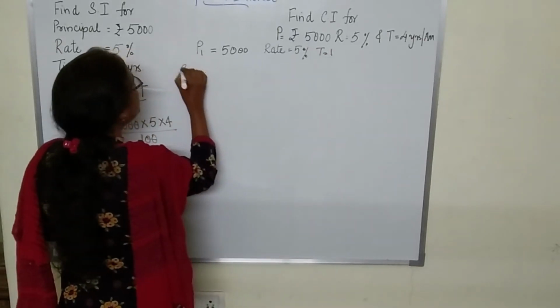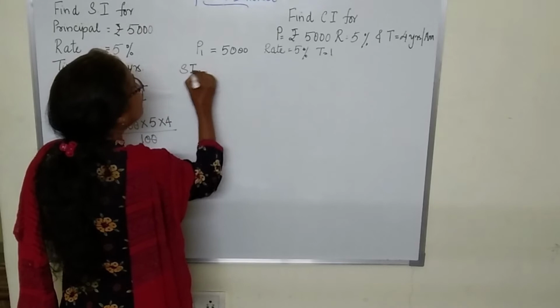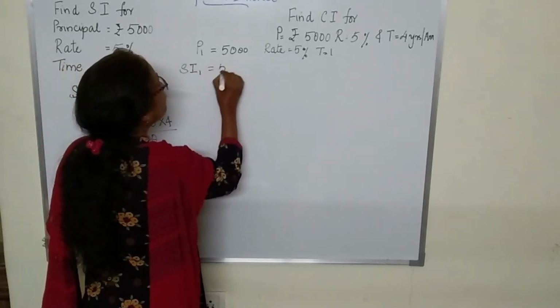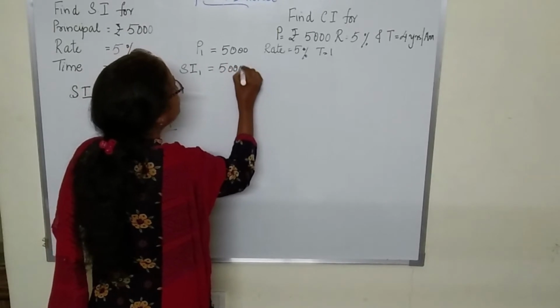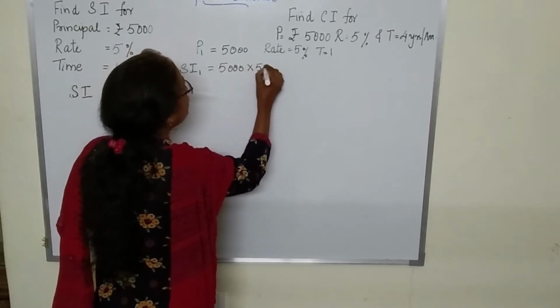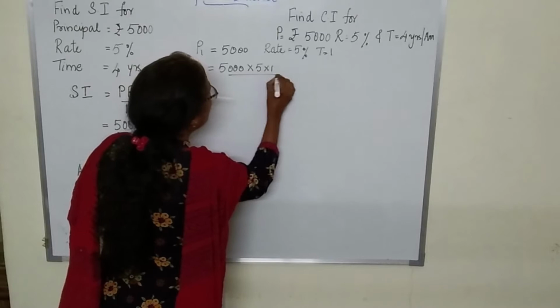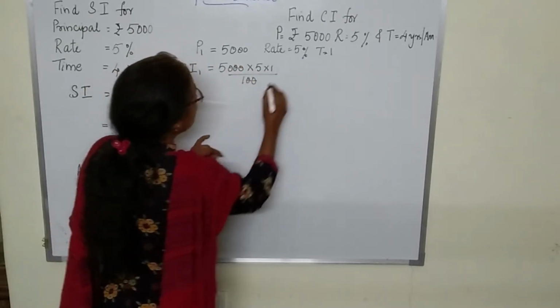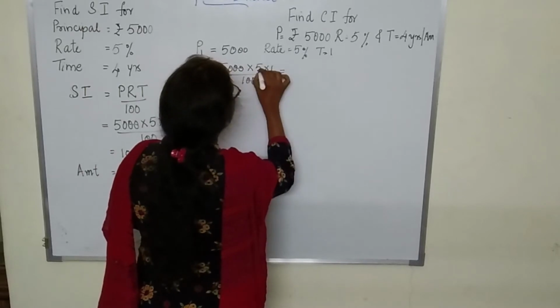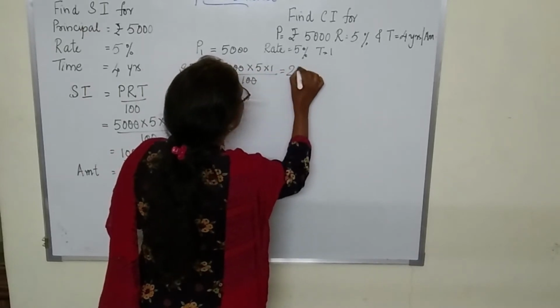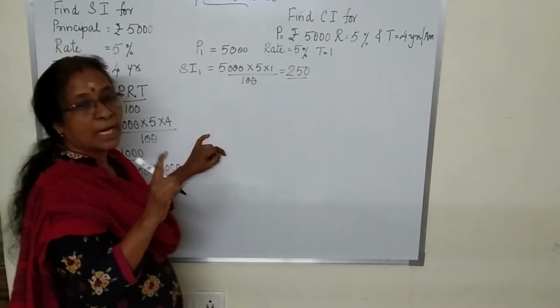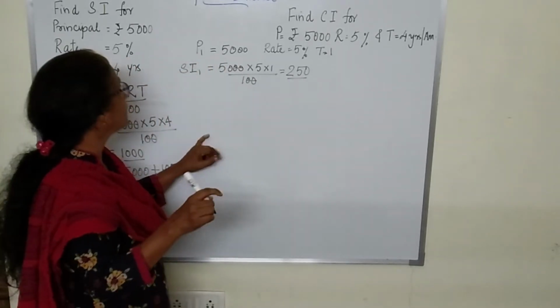So what is the simple interest for the first year? It will be 5,000 multiplied by 5 into 1 upon 100. So when you do cancellation, we get 5 5s are 25. It is 250. So this is the simple interest at the end of 1 year.